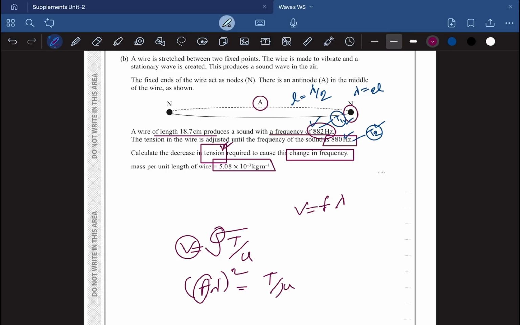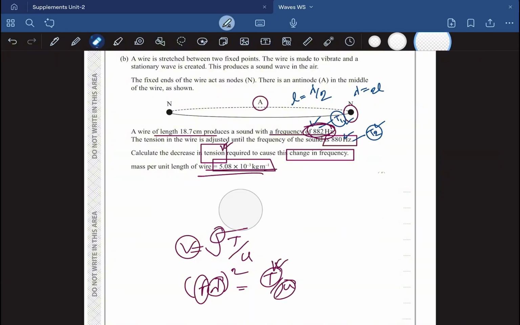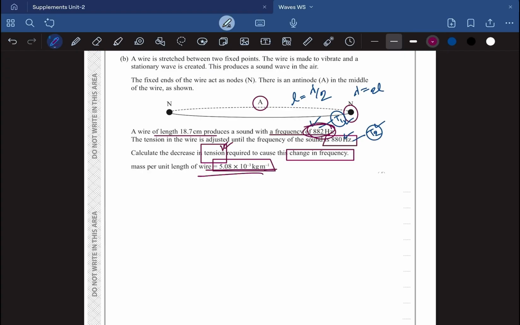And we have our frequency as 882, we have our lambda, we have our tension that we will be figuring out, and we have our mass per unit length. So using all of those things, we can figure out the tension for this particular frequency of 882. Now let's do it.